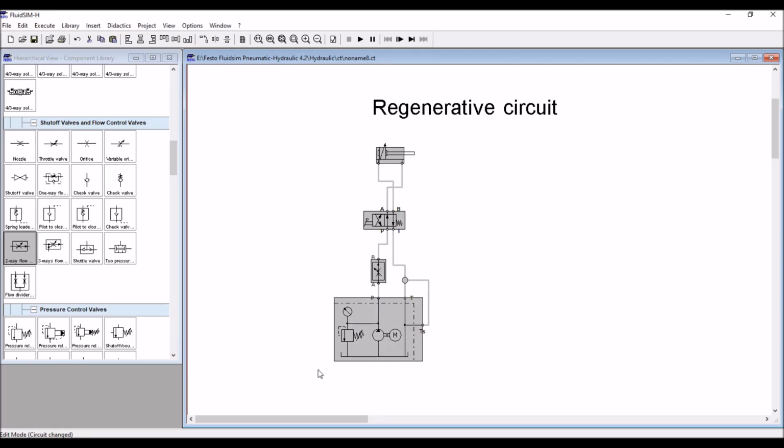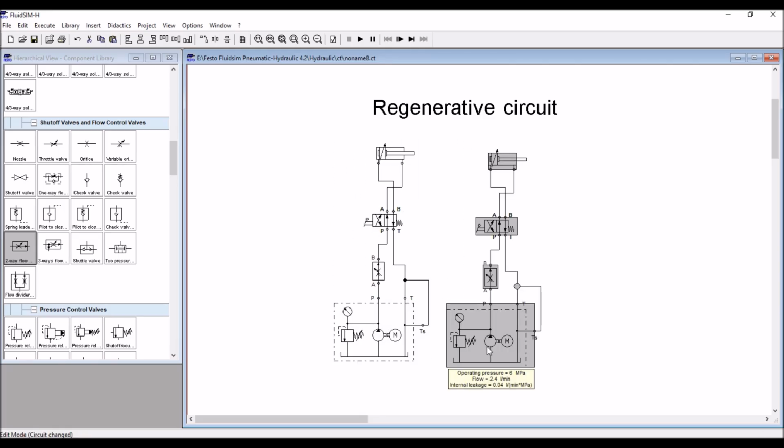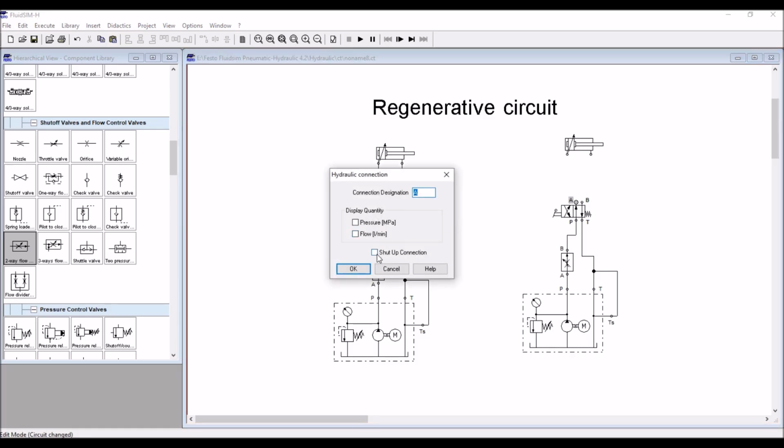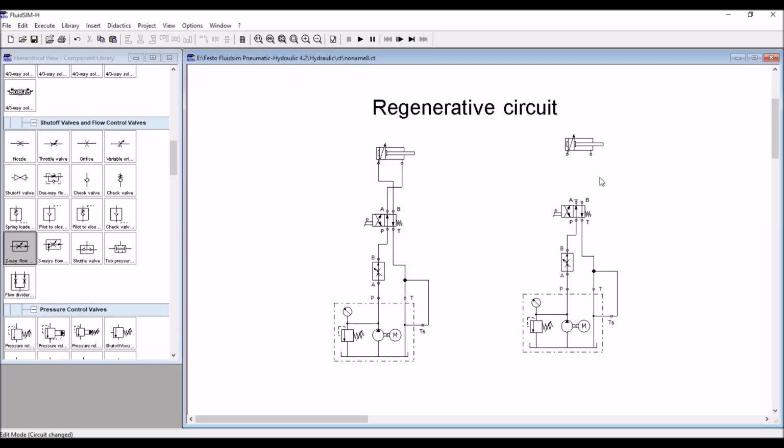Entire portion you can just copy, paste it, and I'm not going to use the port A. I will block it, that is shut off connection, and B I will connect it to the piston chamber, and rod chamber oil I will connect it to P.